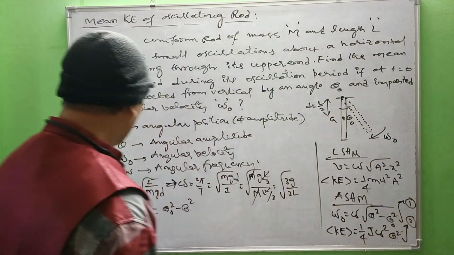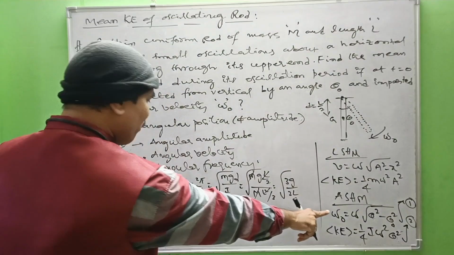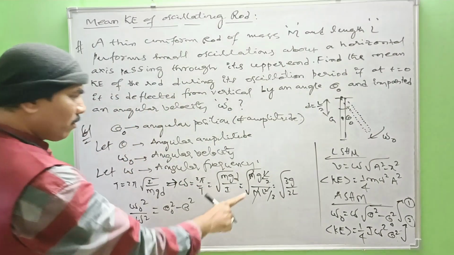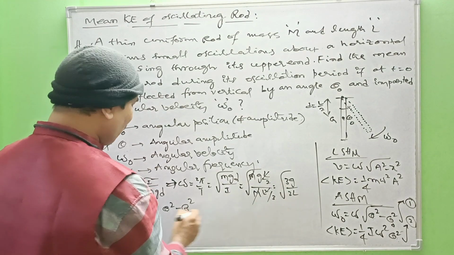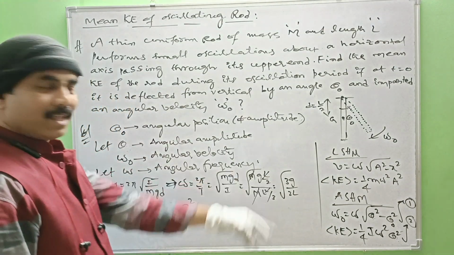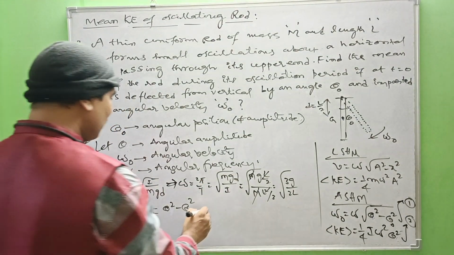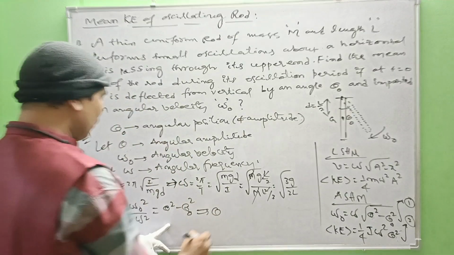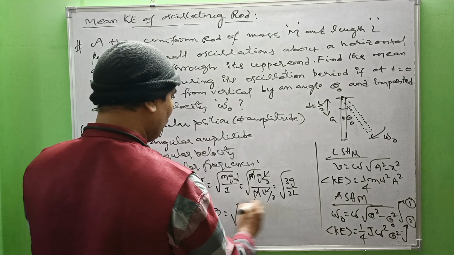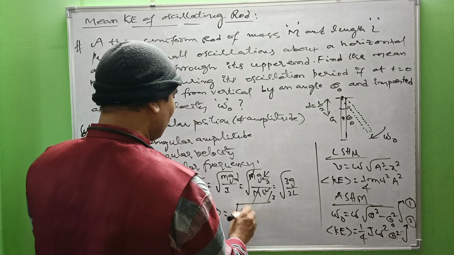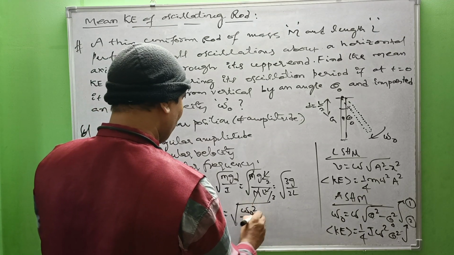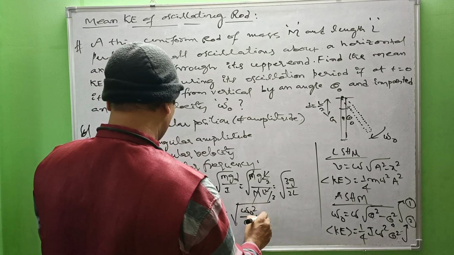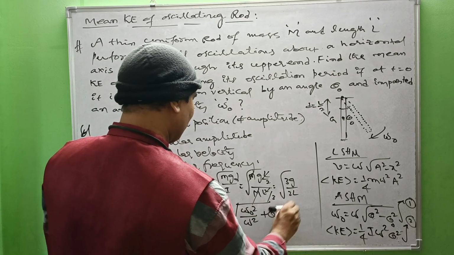So now one implies omega naught square by omega square equal to theta square minus theta naught square, which implies the angular amplitude theta equals root over omega naught square by omega square plus theta naught square.